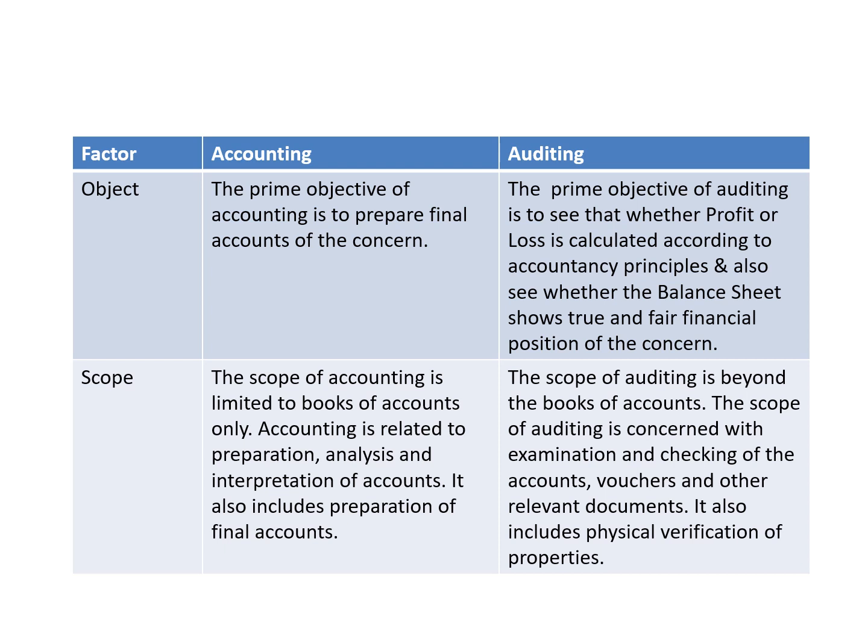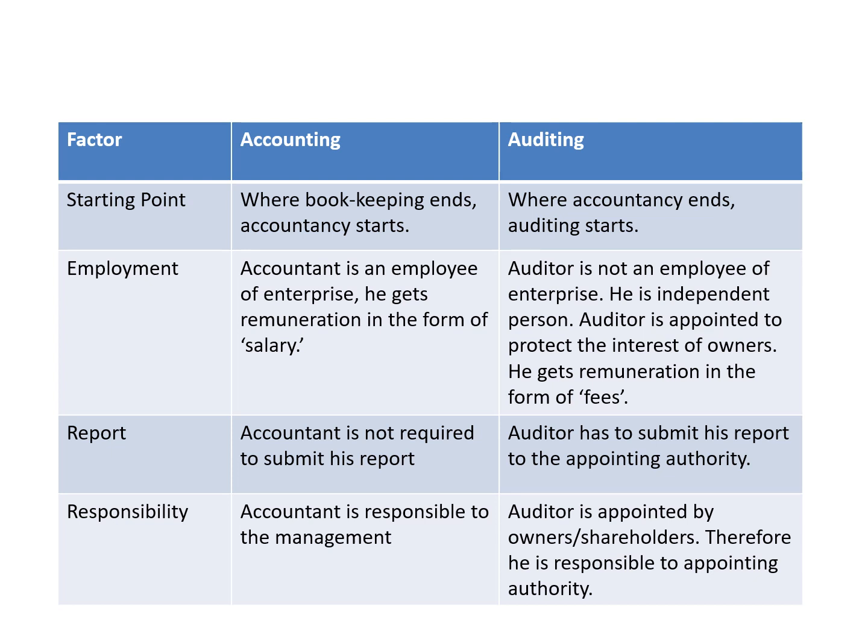In auditing, auditor is conducting examination of books of accounts, vouchers, and other relevant records of the business house. In addition, an auditor also sees the physical existence of the properties held by the business organization.